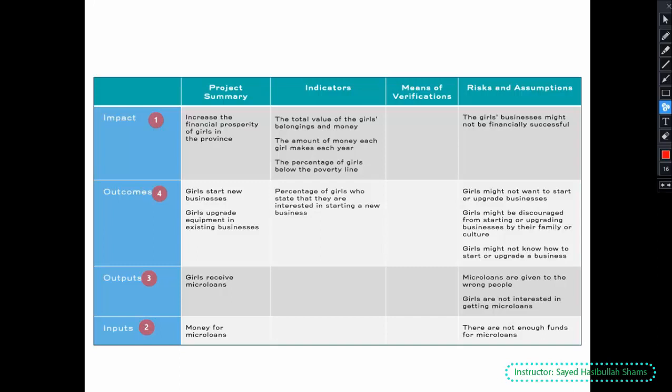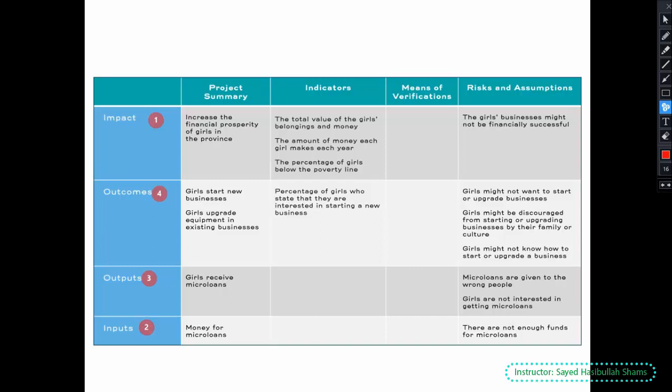For each level of the indicators and of the project, for example for input, we must select the right risk and assumptions, for example, about our resources, because at the inputs level we deal with resources such as human resources, machinery, time, place.